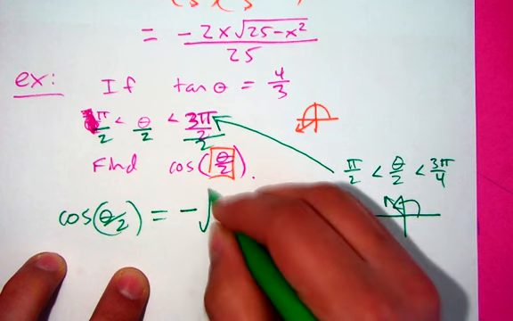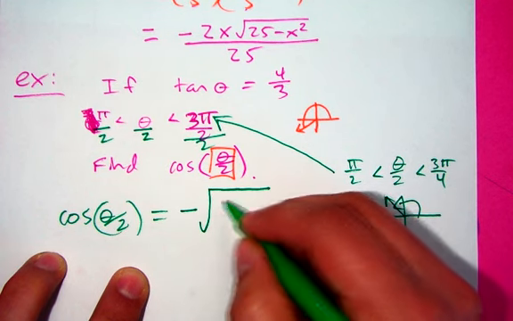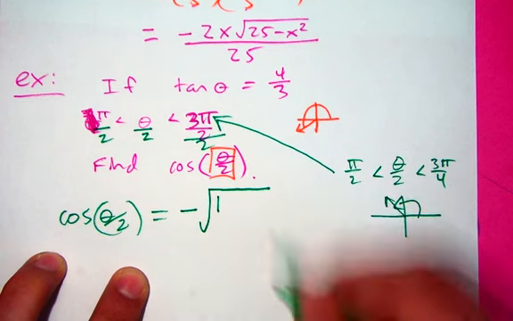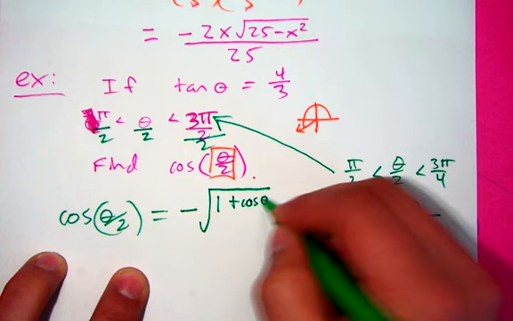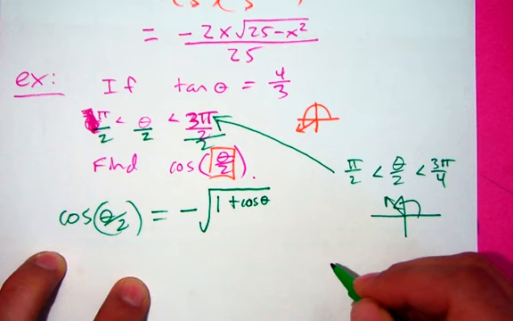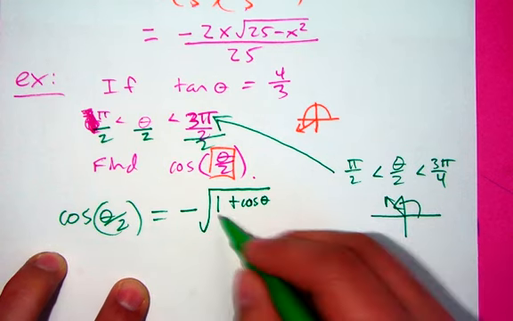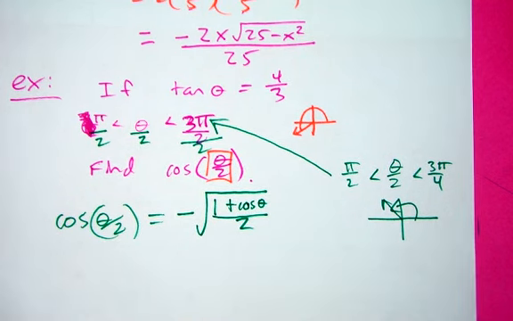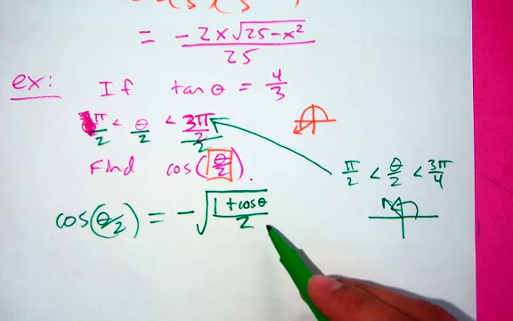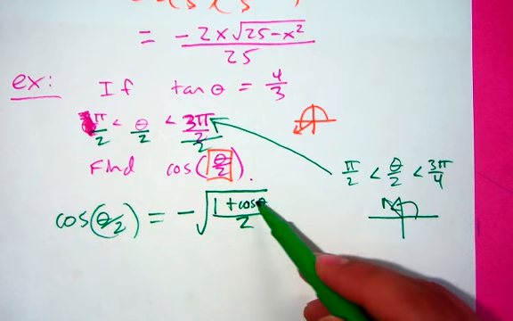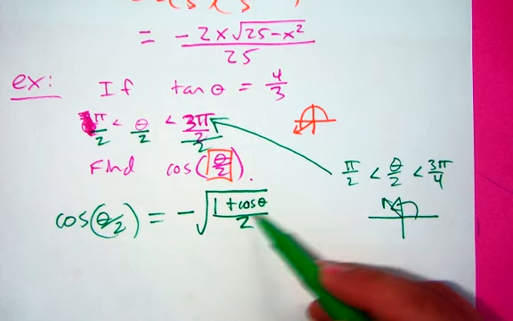And now we just do the rest of the formula, which is 1 plus... Why are we doing anything with tangent? We will. Can you just do the triangle thing? Well, we will. We're getting there. So it's 1 plus cosine theta over 2. Okay, and this is what Katie was talking about. So the only thing I have to figure out then is what the cosine is, right?